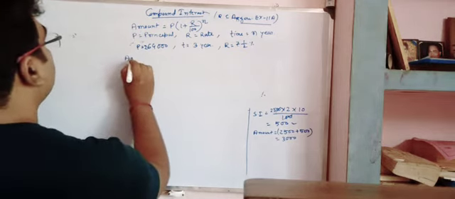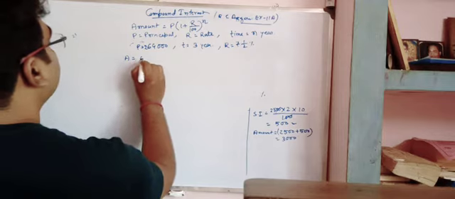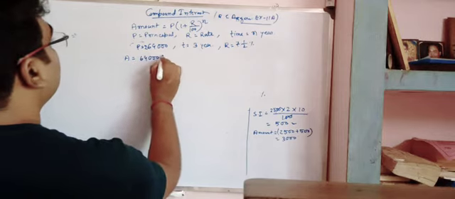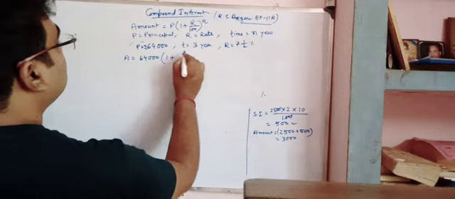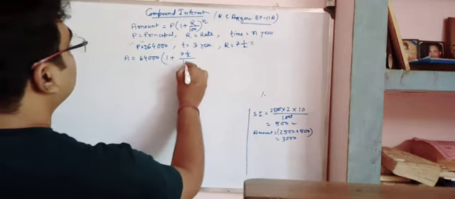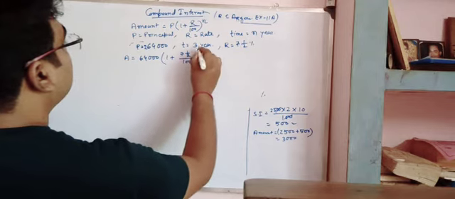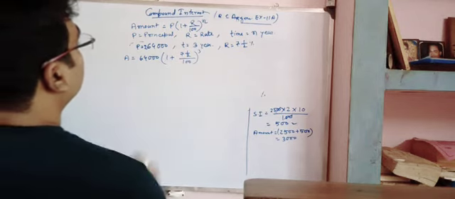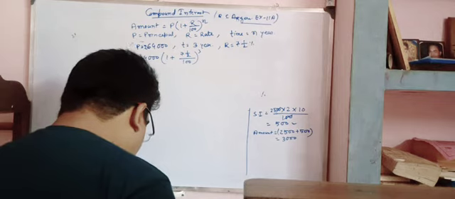So amount A is equal to P, 64,000 into 1 plus R, 7 whole 1/2 by 100, whole power T, which is my 3 years. Next is my calculation.